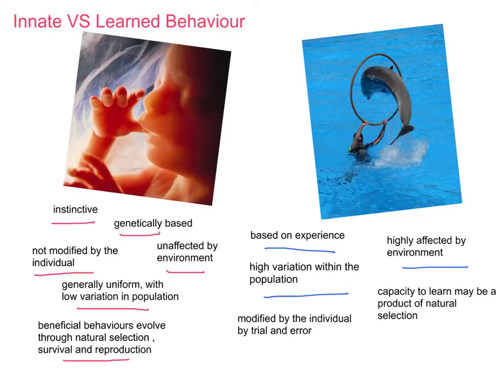And clearly, through trial and error, if that behaviour results in something negative, we're likely to learn from it and modify that behaviour. So we get modification by the individual, and it's suggested that whereas innate behaviours have evolved as a result of natural selection, learned behaviours allow us to have the capacity to learn.